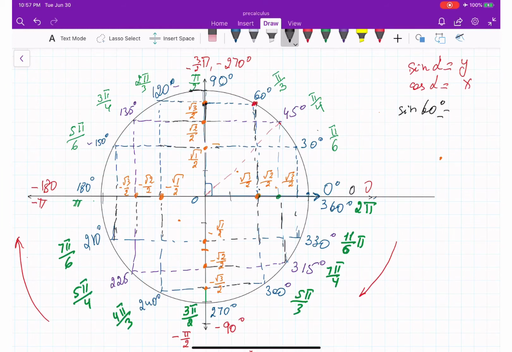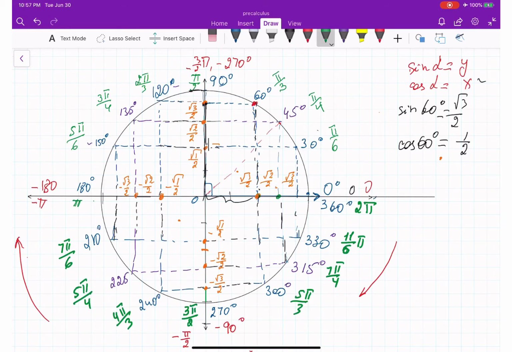Cosine 60 degrees is our x, yes? So x is going to be from here to here. It's going to be 1/2.